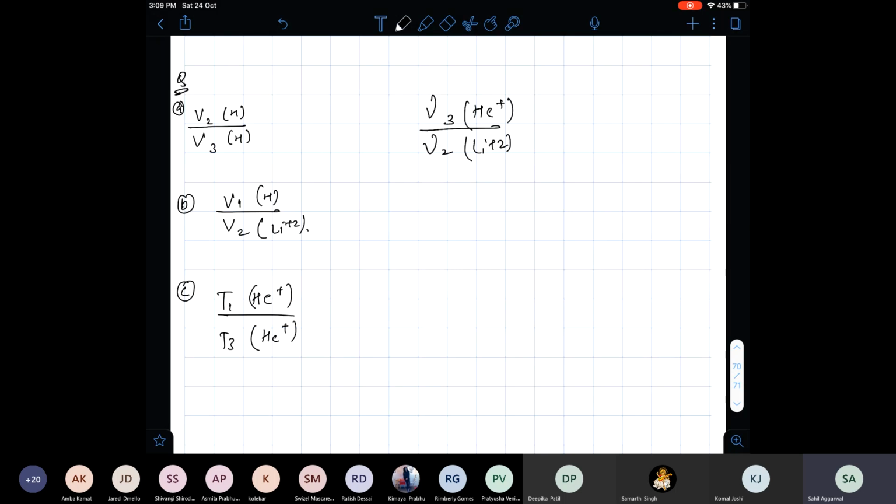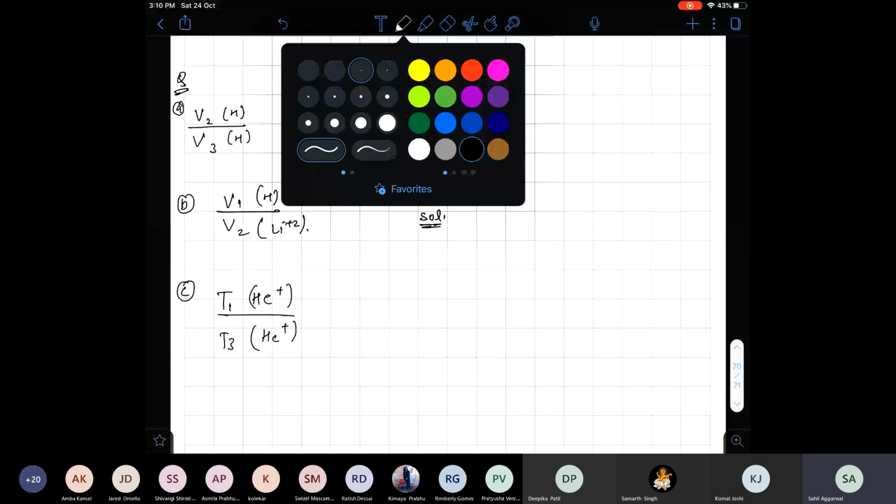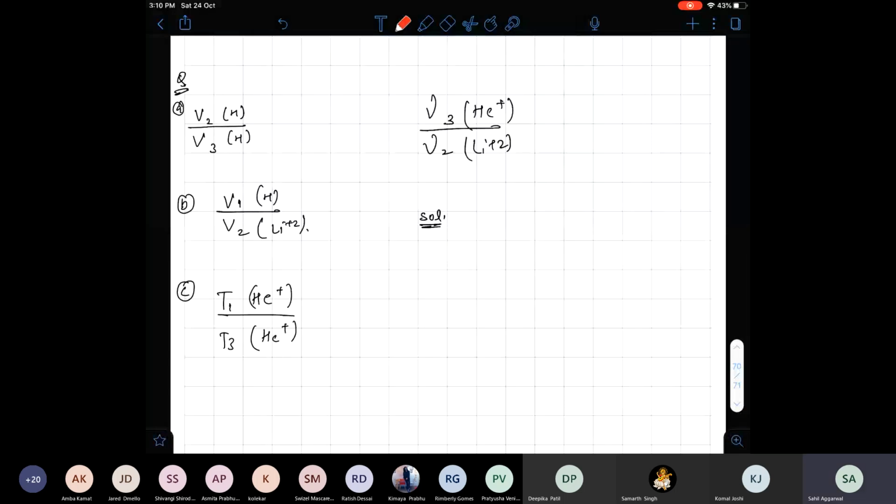Velocity is Z by N. Solutions. Second orbit hydrogen divided by third orbit hydrogen: Z by N divided by Z by N. So it will be 3 by 2. Very good.